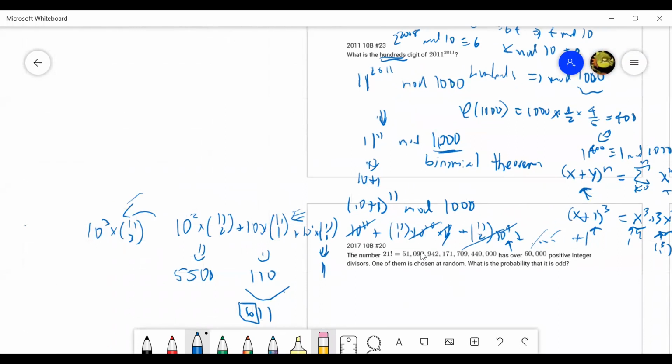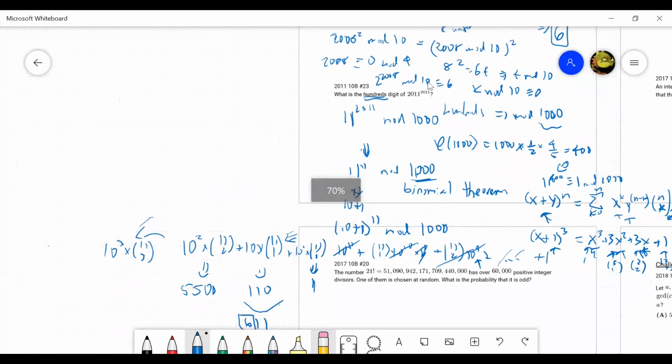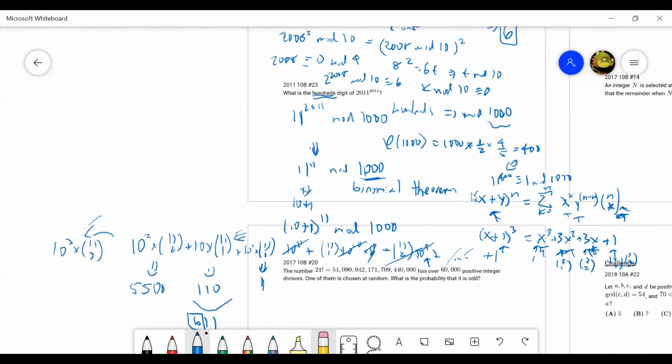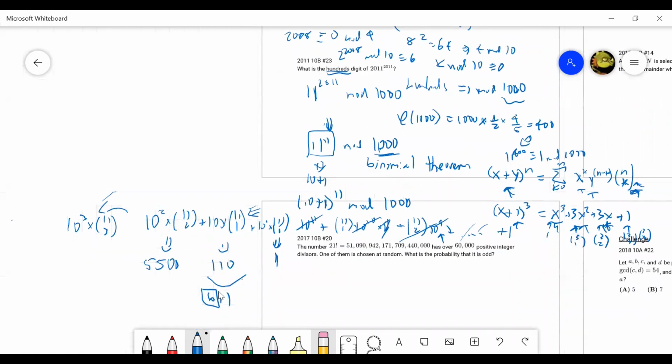So yeah, that's how you could solve this one using the binomial theorem. But again, this is kind of unnecessary because this number itself is small enough to be just bashed out. But yeah, this is the answer to the problem. It doesn't really matter how you get to it as long as you get the right answer.